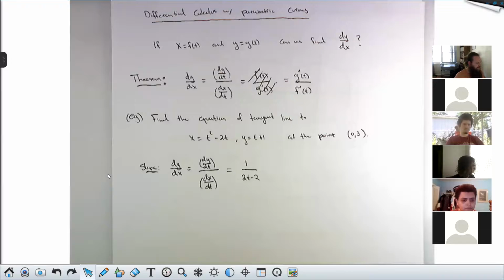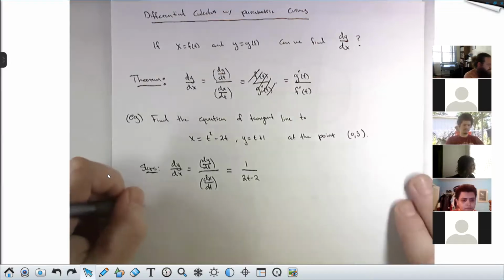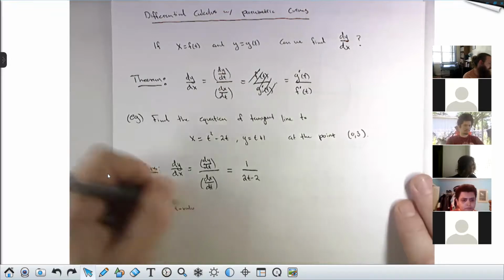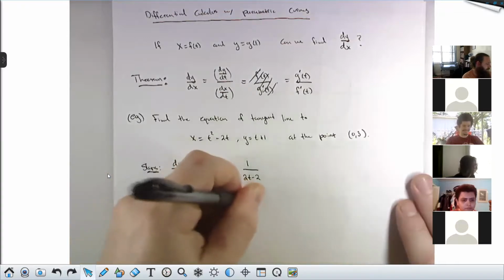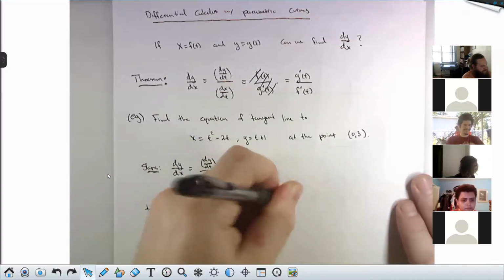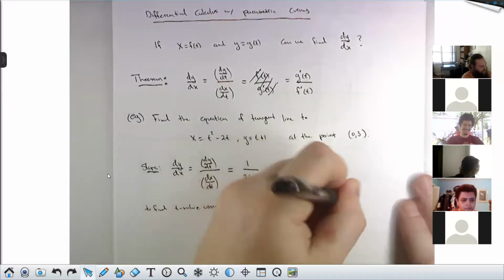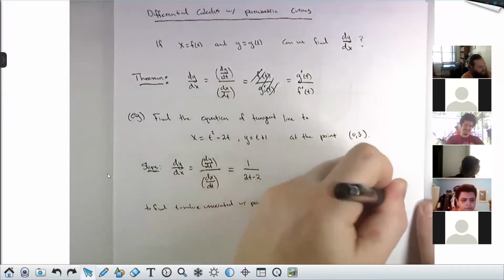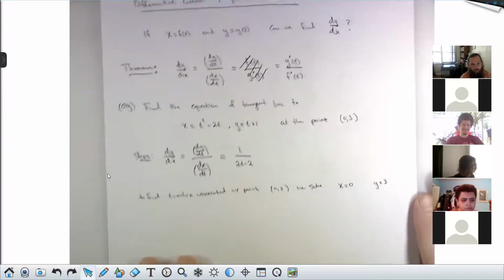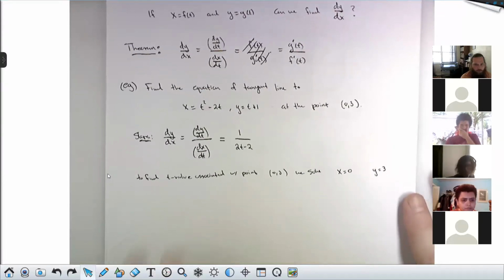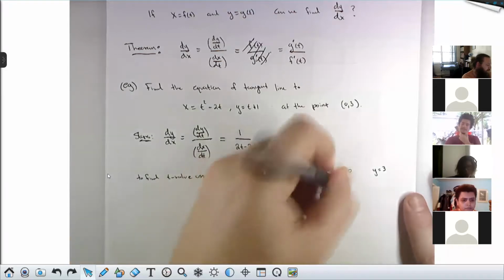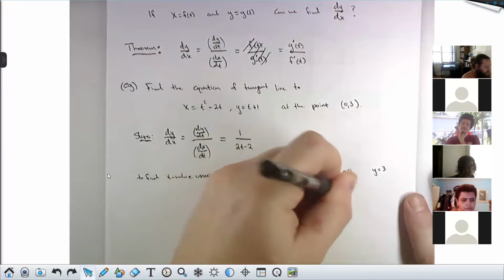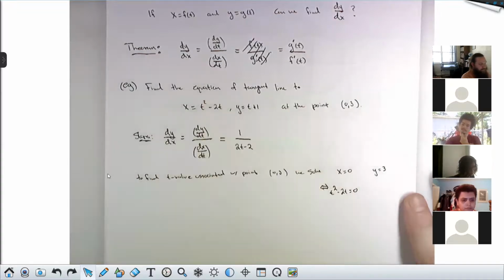Well, what if I didn't already know that? So to find the t value associated with the point 0, 3, we solve x equals 0 and y equals 3. Sometimes one of these will produce a unique solution and the other one won't, but it's always wise to at least look at both. If x is equal to 0, that means t squared minus 2t is equal to 0.